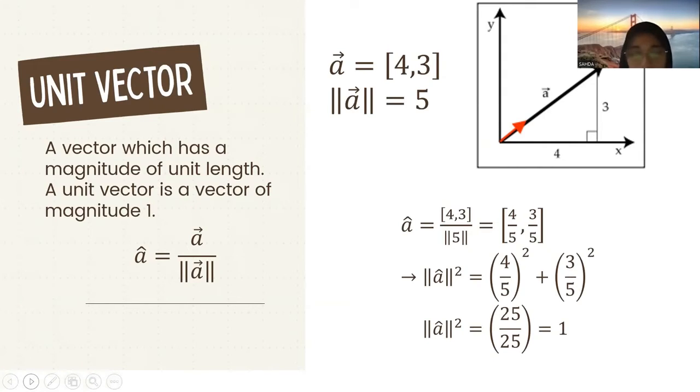For example, â represents the unit vector associated with the vector A.